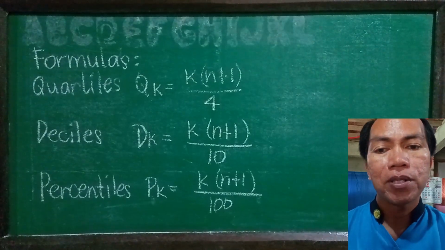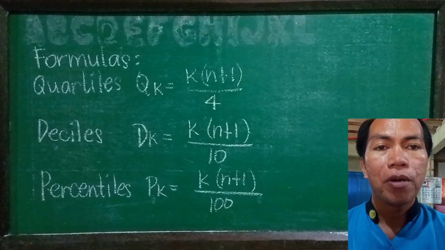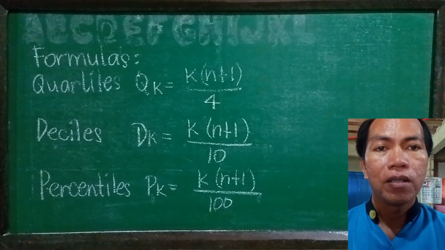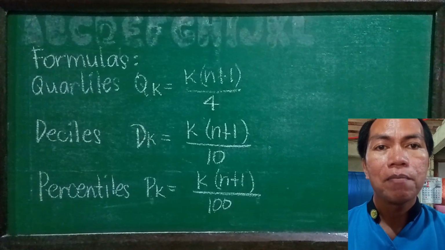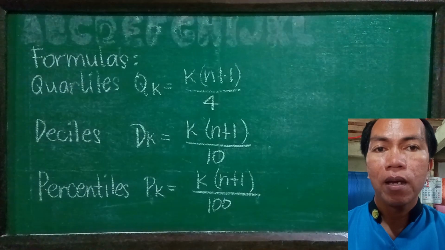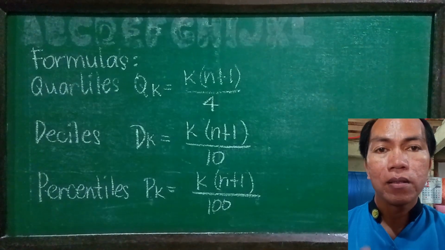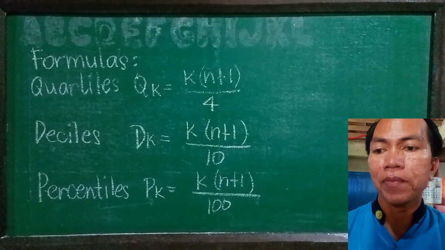If we're looking for the possession of deciles, we will be using the formulas dk equals k over 10 times the quantity of n plus 1, or dk equals k times the quantity of n plus 1 all over 10.